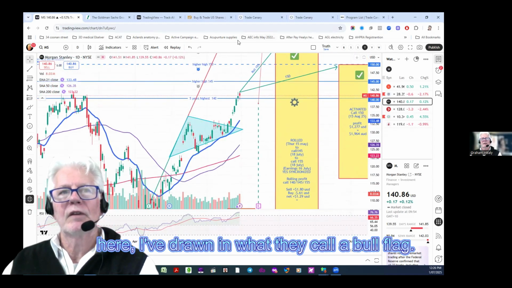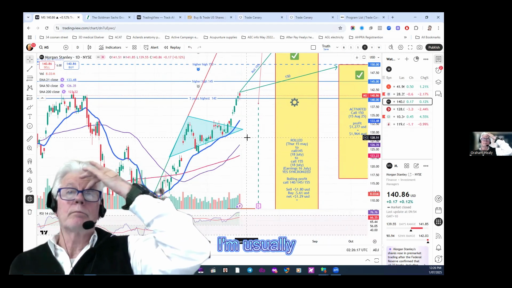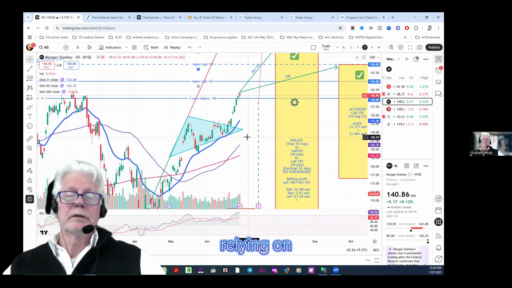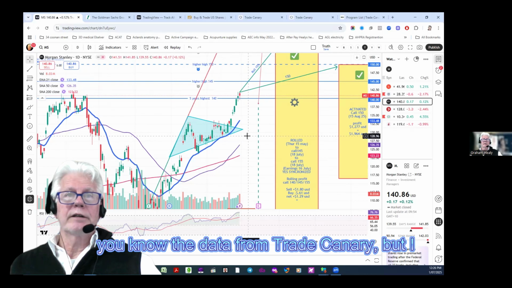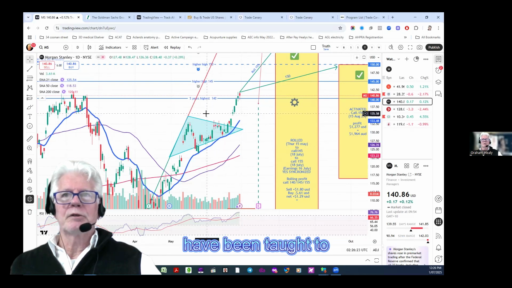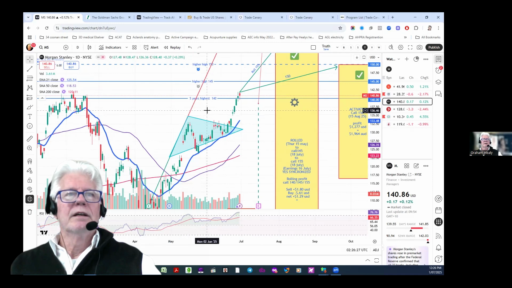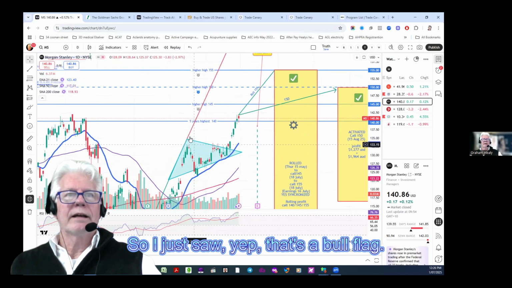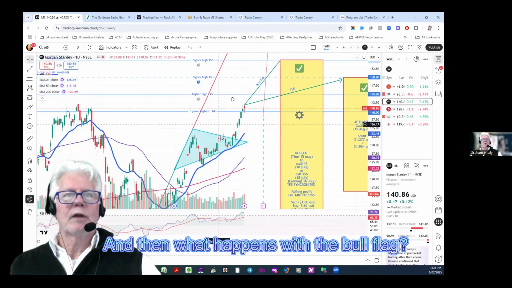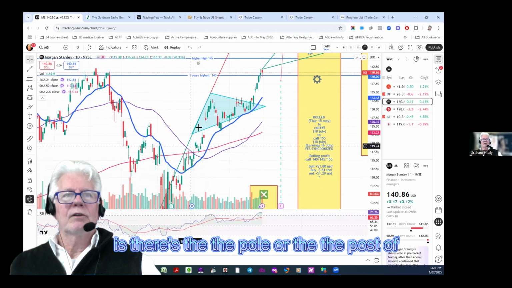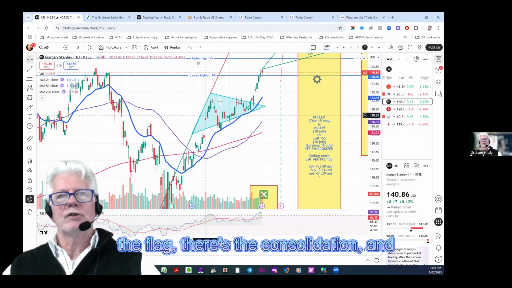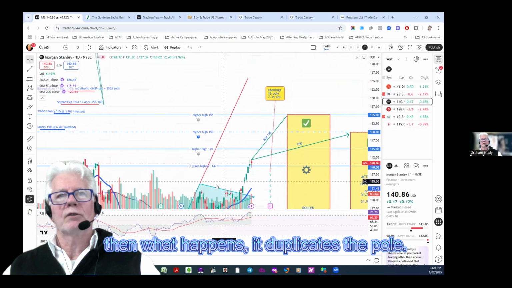So this here, I've drawn in what they call a bull flag. I don't do them all the time. I'm usually relying on the data from Trade Canary, but I have been taught to draw the flags and the W's and the M's and all the rest of it. So I just saw, yep, that's a bull flag. What happens with the bull flag is there's the pole or the post of the flag, there's the consolidation, and then it duplicates the pole.